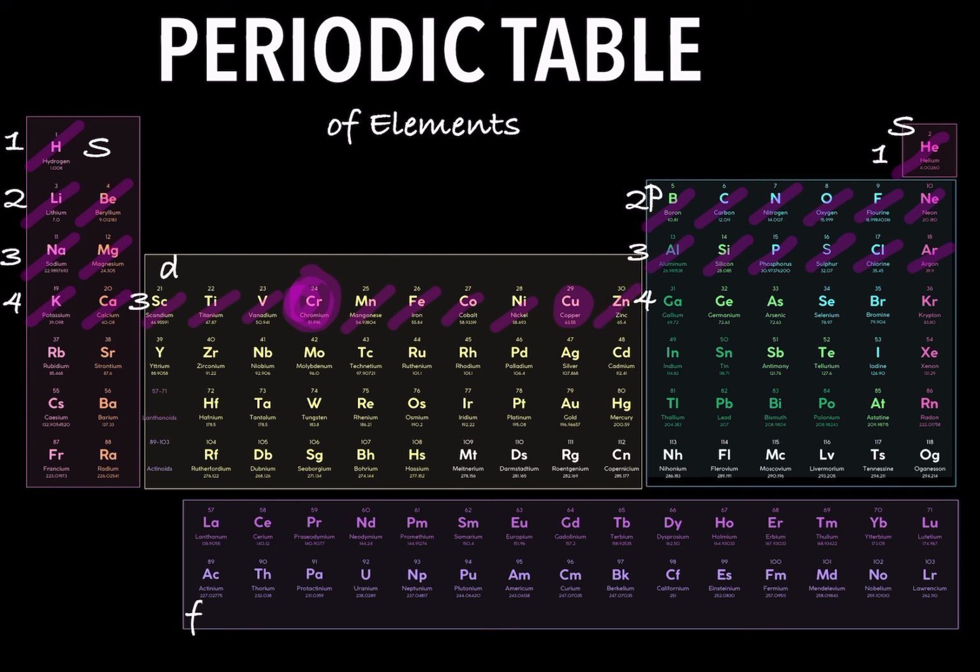So I'm going to make emphasis. On chromium, I'm going to do the noble gas configuration and show you. You're going to have your argon, and then you're going to have 4s1, and you're going to have 3d5.